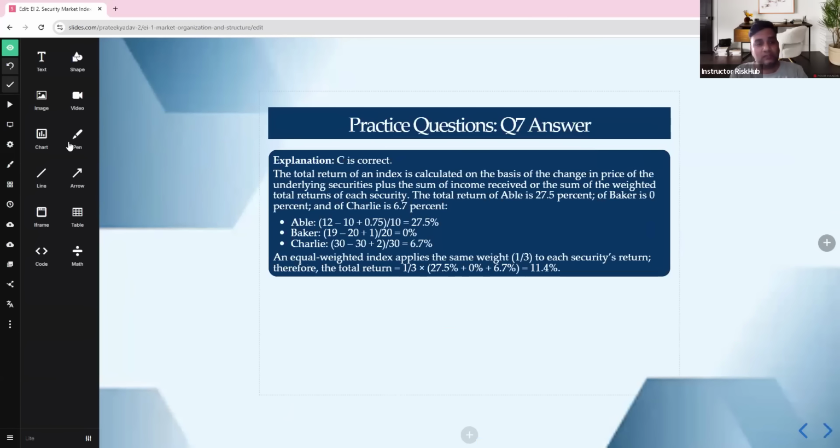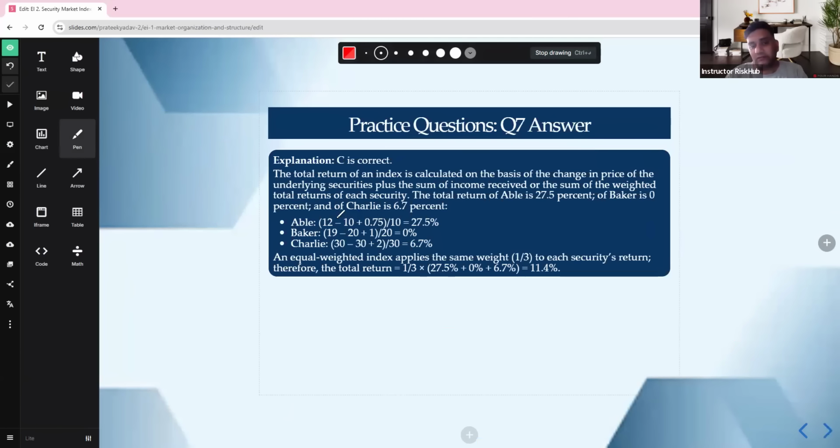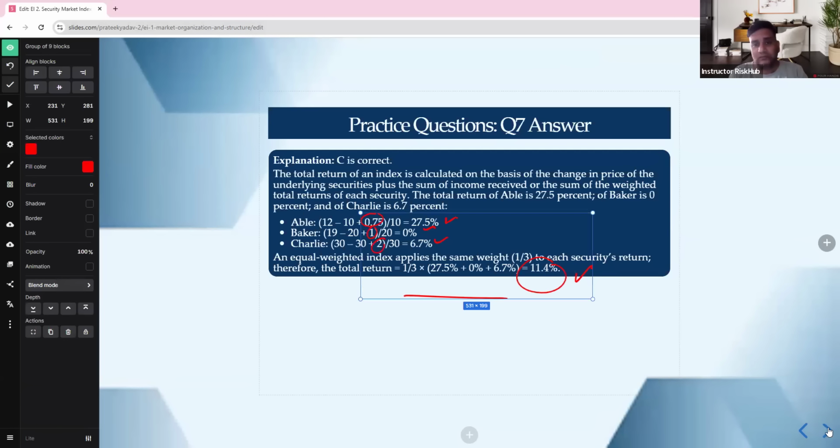You can see here, same thing: 12 minus 10 plus 0.75, 19 minus 20 plus 1, 30 minus 30 plus 2. So now here 27.50, 6.7. Equal weighted, same thing, we get 11.4. The concept is the same. I'm not saying the concept is difficult, but for total return you have to add the dividend. So this is to be done.